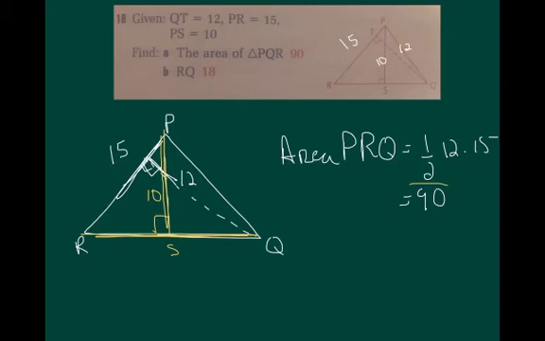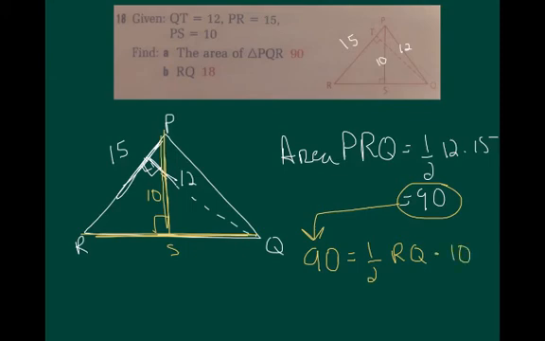And so I will import my answer from part A and set up another area equation. This time I know the area, so that's 90, and that equals 1/2 the base, which I don't know, that's RQ, times the height, which they tell me in the givens is 10. So when I work all this out, I get that RQ equals 18.